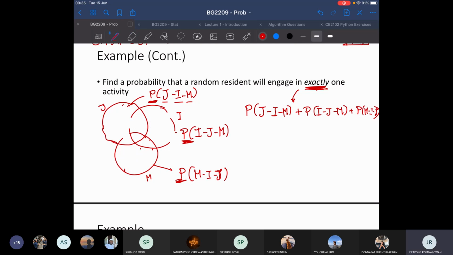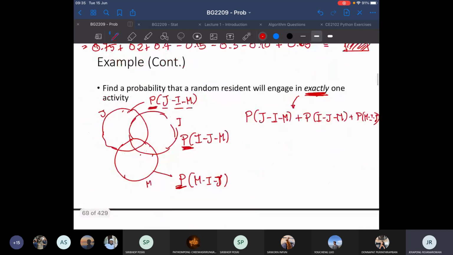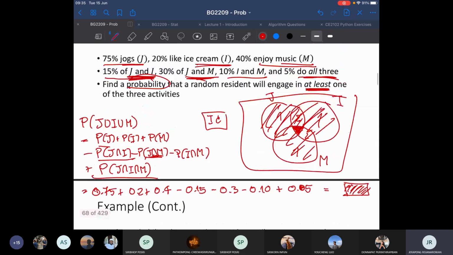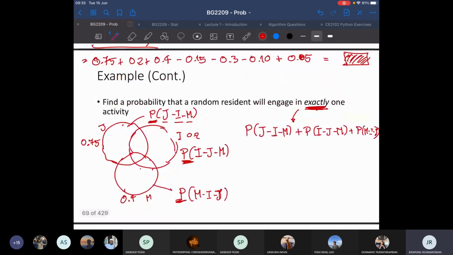Okay. Now let me get some numbers. 0.75, 20, 40, right here. Okay, now what I'm gonna get is, I'm gonna get from inside first. 5% is gonna be here. So this one is 0.05.